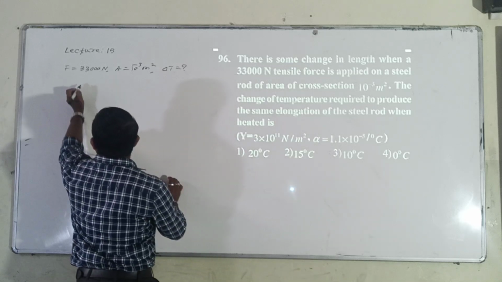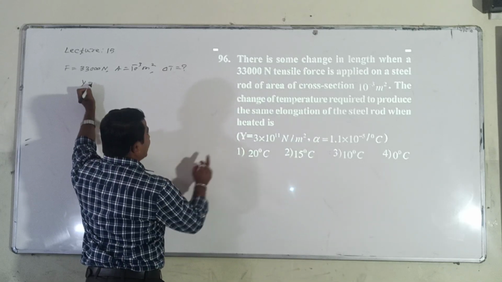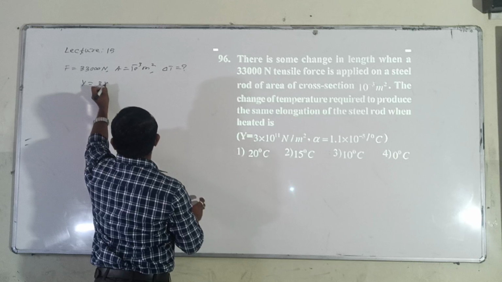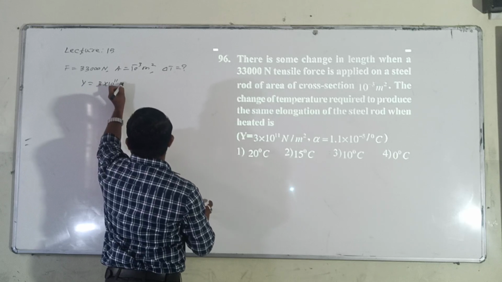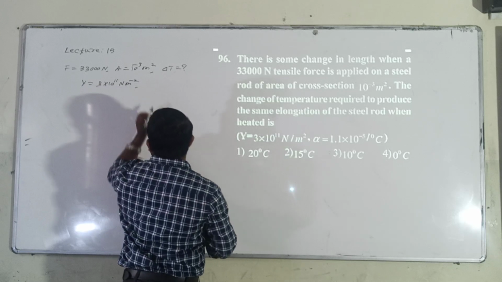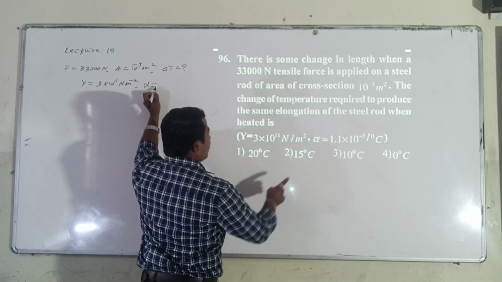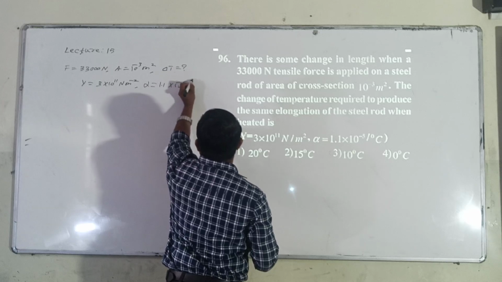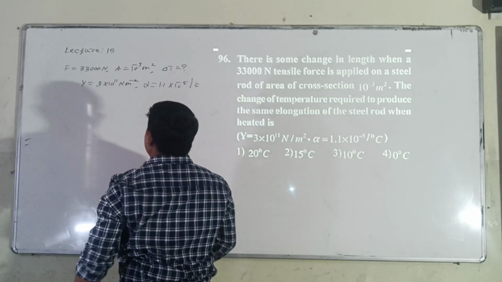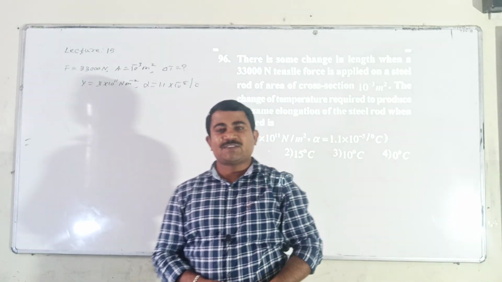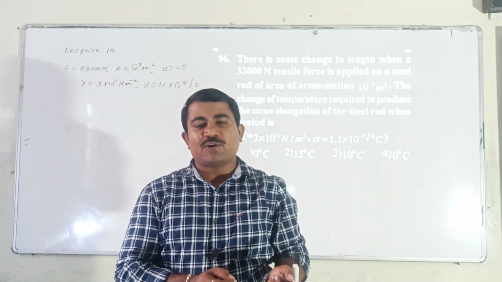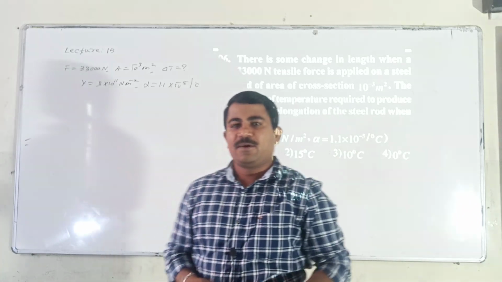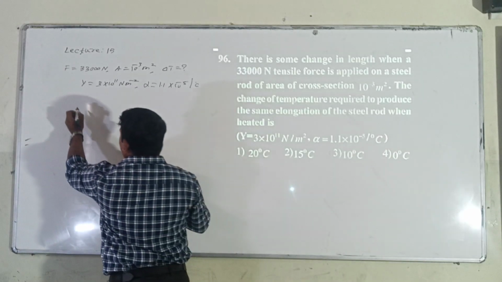What else is given? Young's modulus Y is given. How much is the Y value? 3 into 10 raised to 11 Newton per meter square. Right? The alpha value is also given. How much? 1.1 into 10 raised to minus 5 per degree Celsius. Students, we know the thermal force developed on the material. What is it?